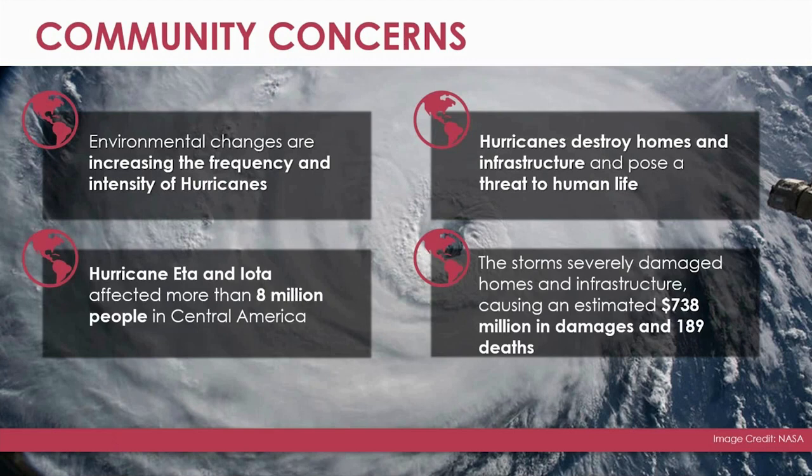These storms brought catastrophic wind and rain to the region, affecting more than 8 million people. Combined, these storms caused an estimated $738 million in damages and 189 deaths. With the increasing frequency of these storms, it is crucial to understand how flooding has affected communities in Central America in an effort to better prepare for future events.